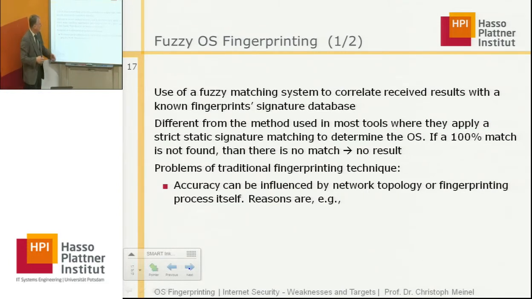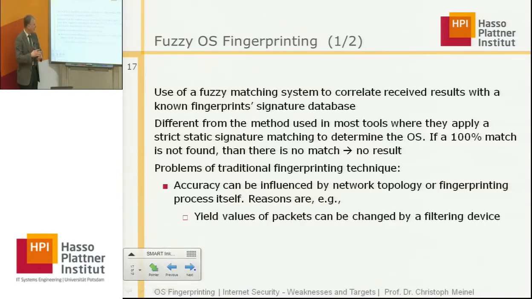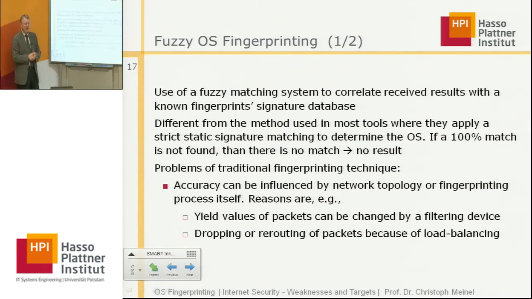The accuracy can be influenced by different things, by the network topology and by the configurations of the network. So all that I showed you can sometimes work well, and in other connections it cannot work so well. Reasons are, for example, that the TTL value of packets can be changed by filtering devices. They can be influenced by the administrator and some of the configuration.